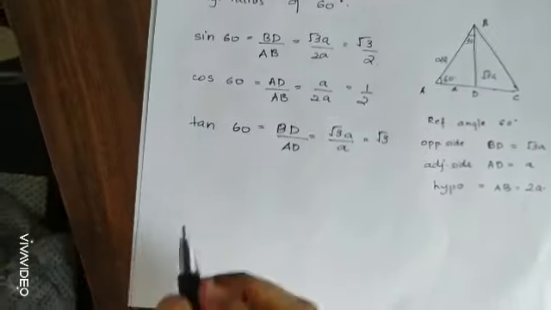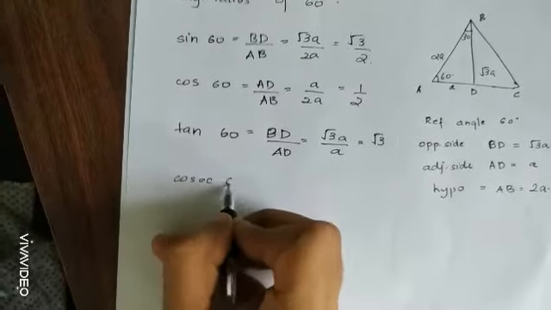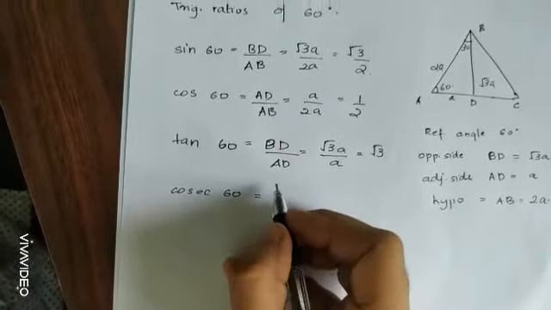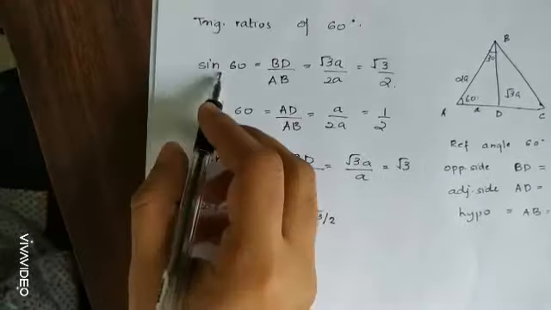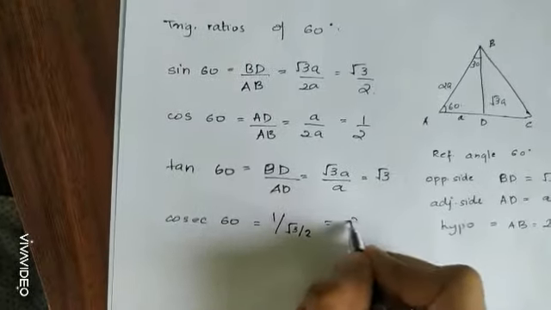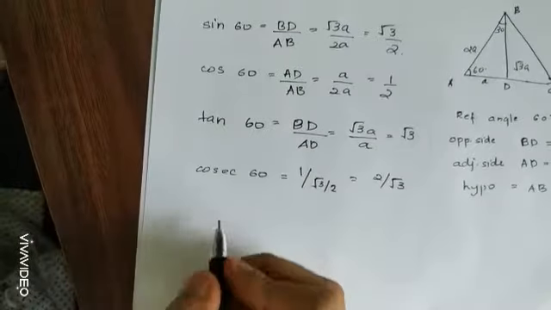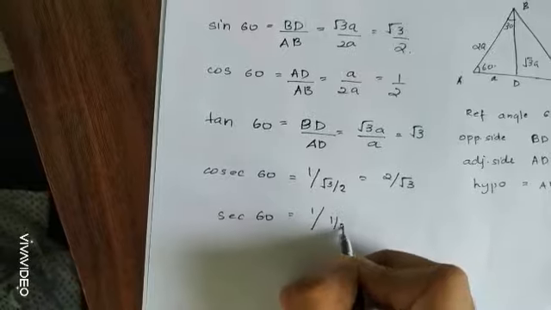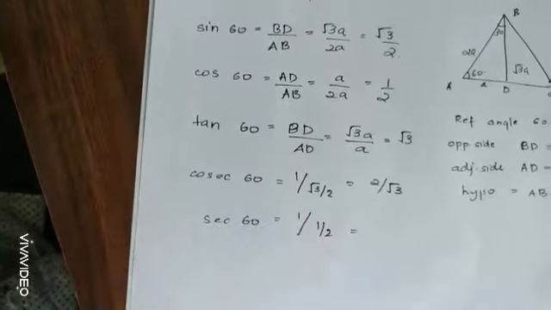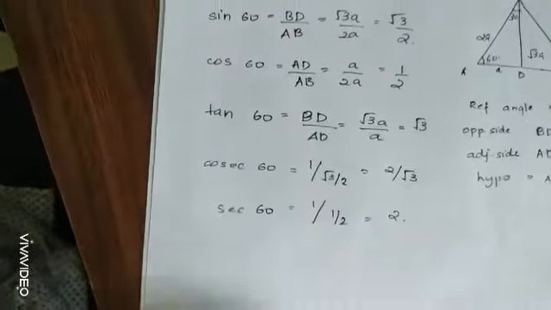Now the rest three. Cosec 60 is equal to 1 by root 3 by 2, that is the reciprocal of sine 60, which is equal to 2 by root 3. Now sec 60 is the reciprocal of cos 60, which is 1 by 2. This comes out as 2.